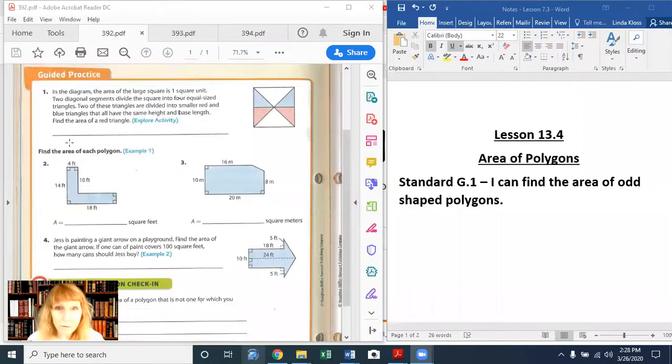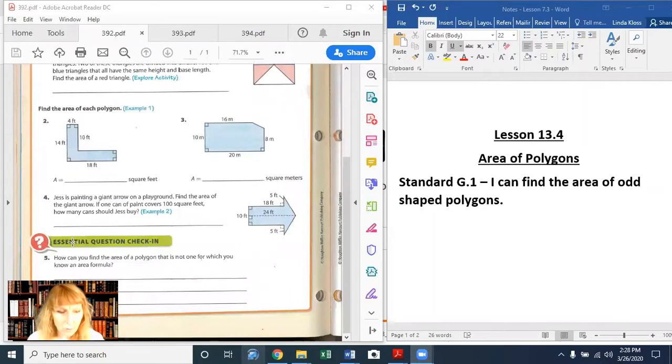Okay, we're back here in my virtual library, and I want to share my screen with you. Here's the problems we just did. You should have been filling them out in your math book as we went. And question number 5, how can you find the area of a polygon for which you don't know the area formula?